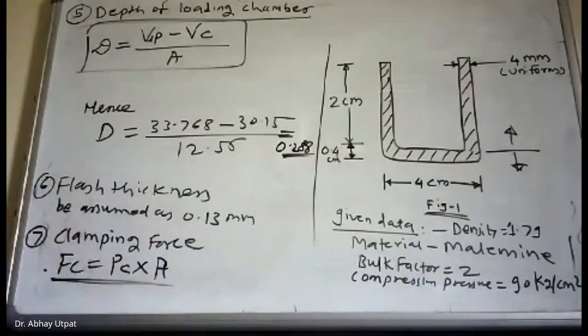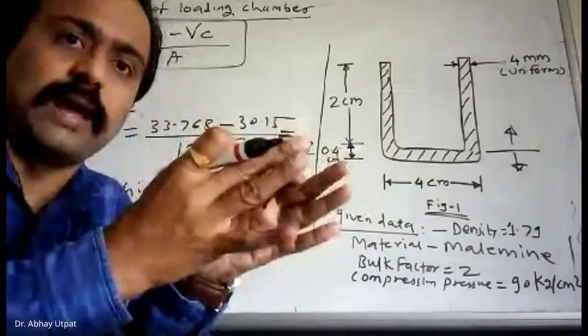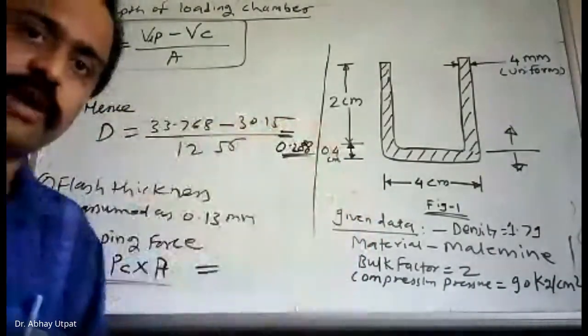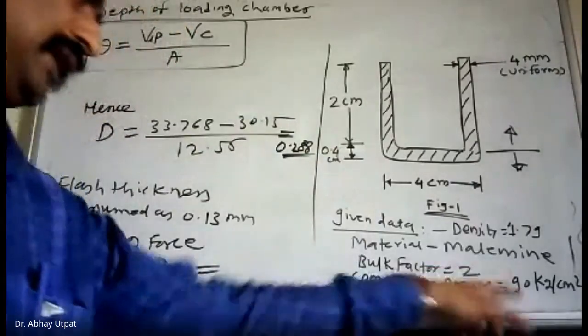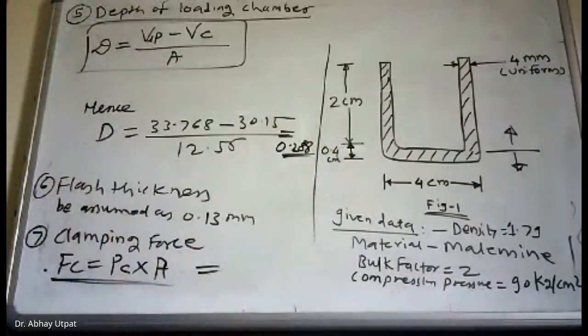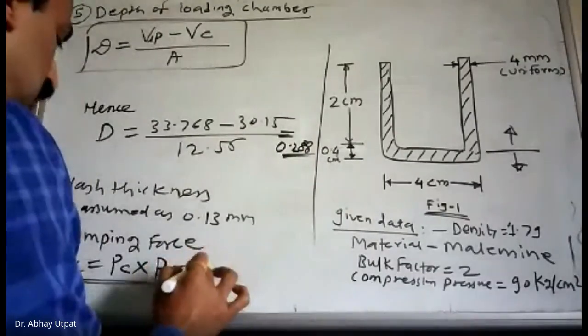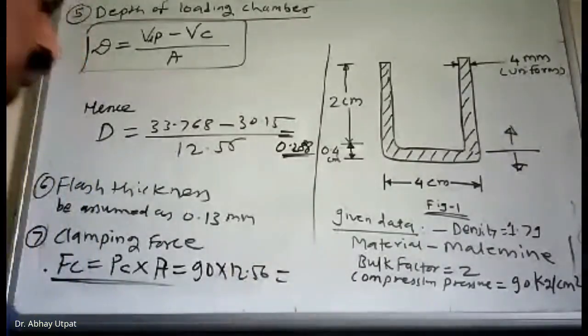Projected area we have calculated. Then tell me how much force is required to clamp the mold. That is calculated by 90 into that projected area, that is equal to 90 into 12.56.